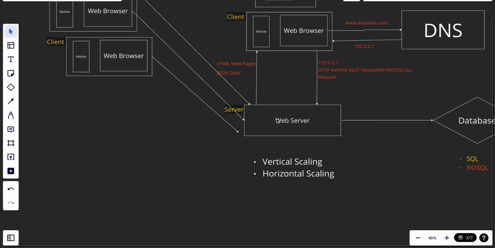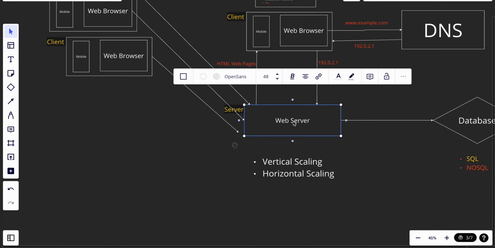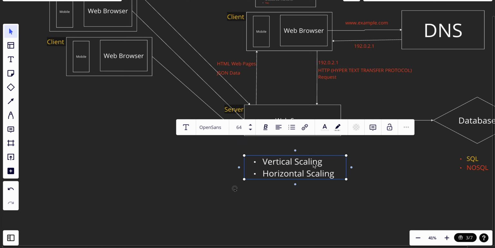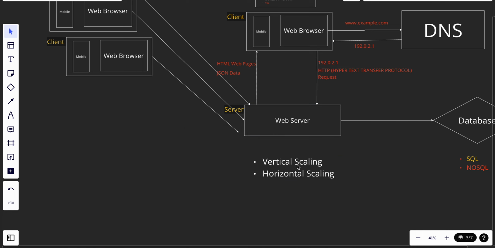The pros and cons of this one: first, it's quite easy to implement. The cons are that each server has its own limit. If we add CPU and RAM and so on, we can't add them forever. They have limits. And the last problem is that we have a single point of failure.